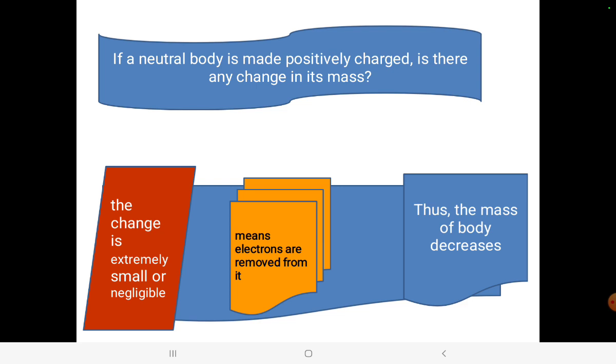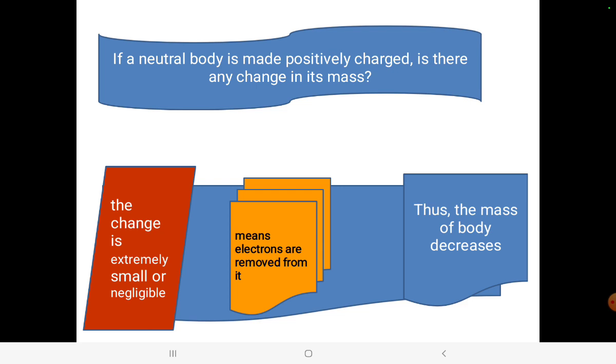Comparing with the entire atom, the mass of an electron is very small. If a few electrons are removed, of course there is some change. We already know that charge is a scalar quantity, so it has some magnitude, and a small amount of magnitude is removed. That means there is some decrease of mass.